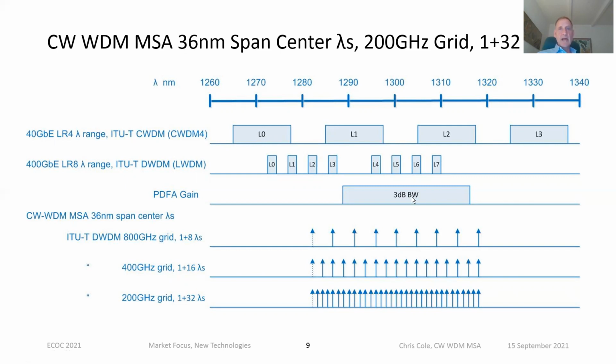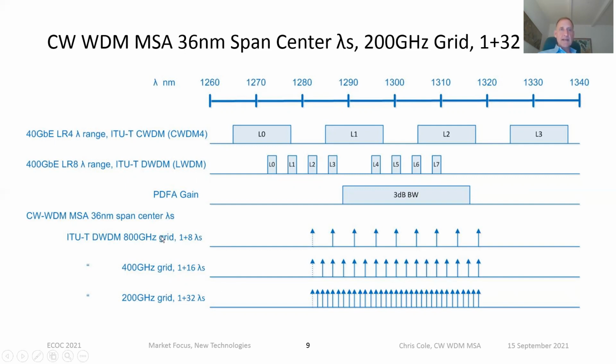We've also shown how these MSA grids fit into a PDFA gain profile. This is a typical 3 dB bandwidth. PDFA is analogous to EDFA and C-band, and allows you high quality amplification, either for laboratory or field use.